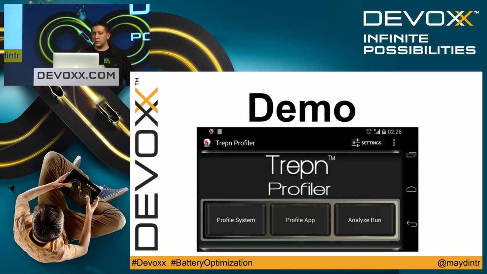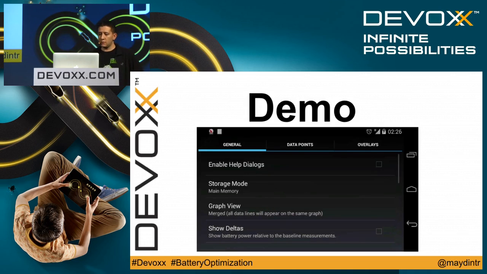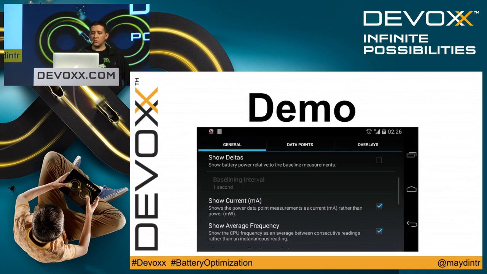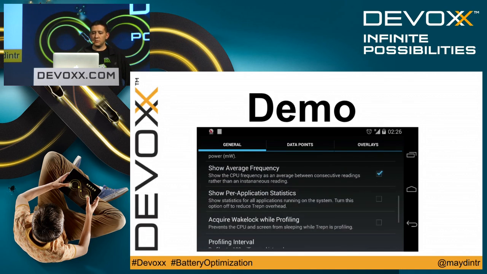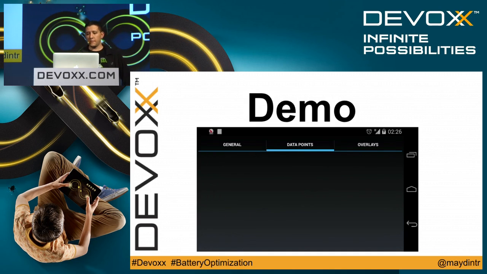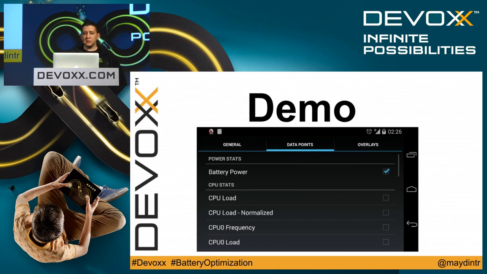Now we will see a demo of this profiler. In the settings, you can change your preferences. It's better to select acquire Wakelock while profiling for better statistics. In the data points, you choose the data points that you want to collect during profiling.